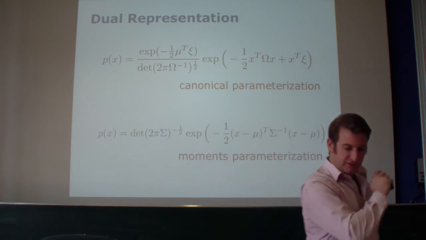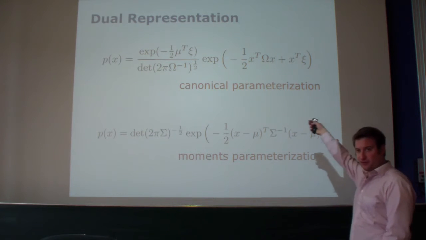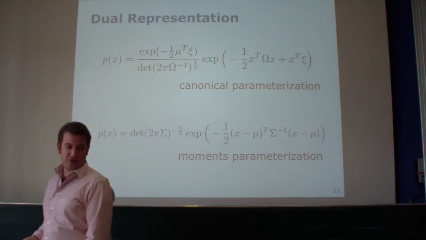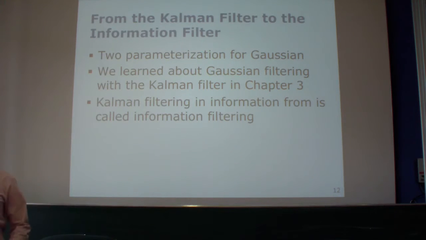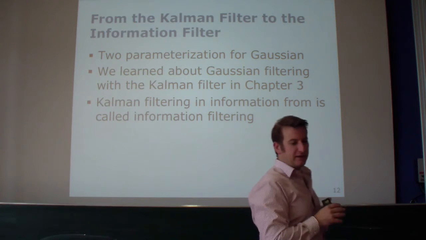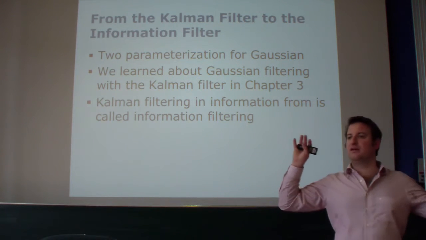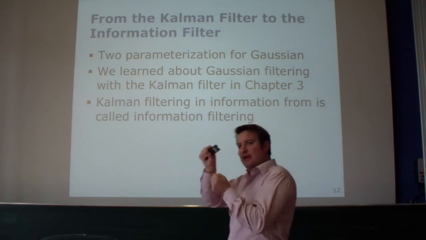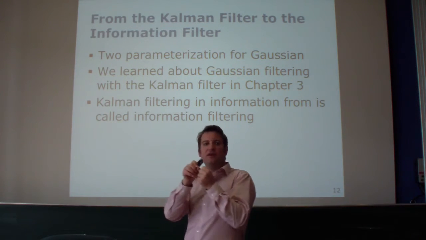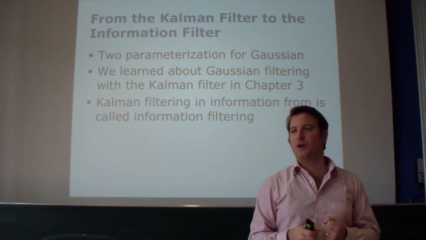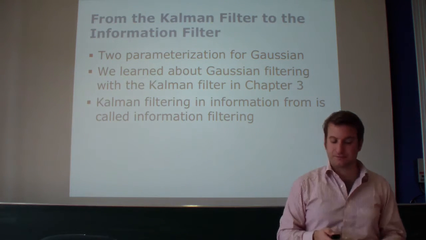Okay, in a similar way as we made the transition from the moment form to the information form, we can do exactly the same thing for the Kalman filter now. Let's start with the Kalman filter, as we looked into it in the beginning of the course, and then change the individual components so that we end up with the information filter.